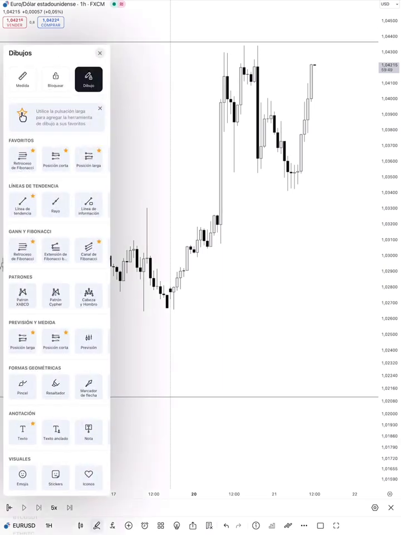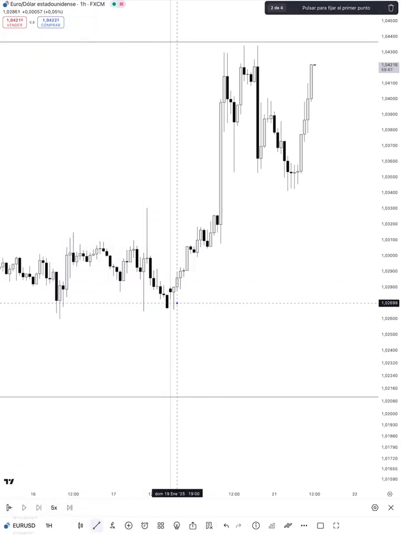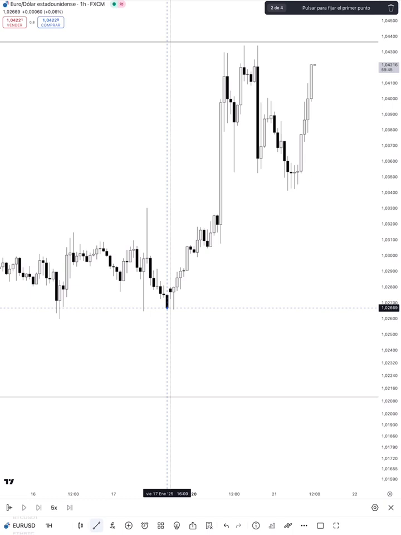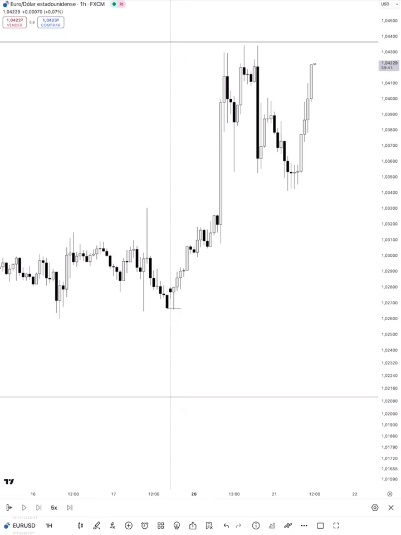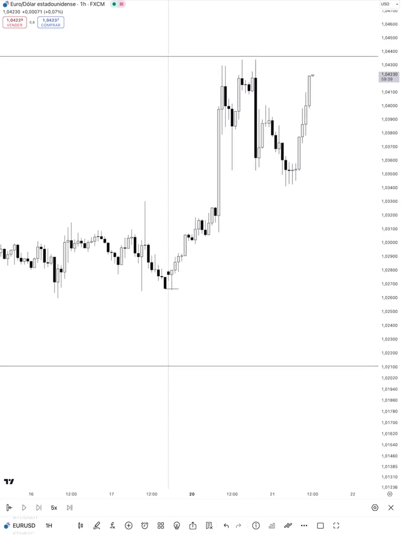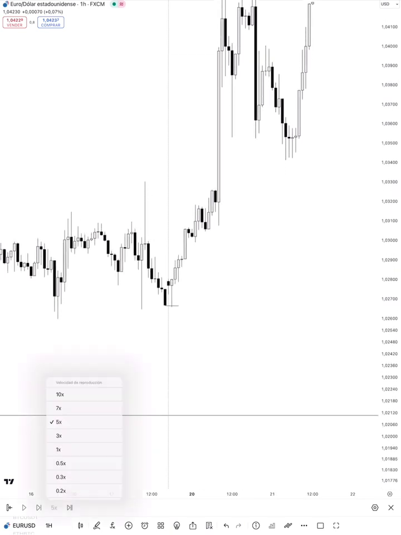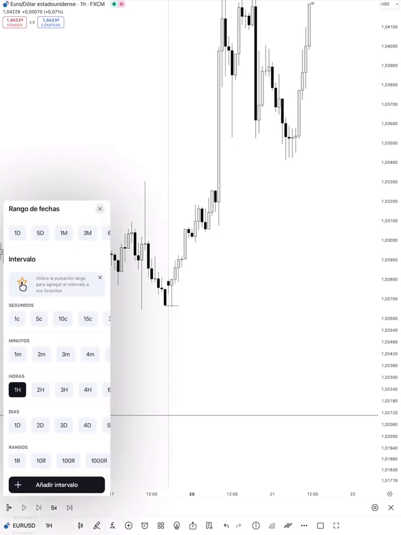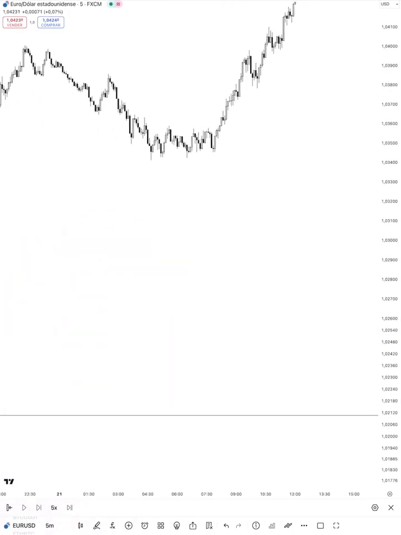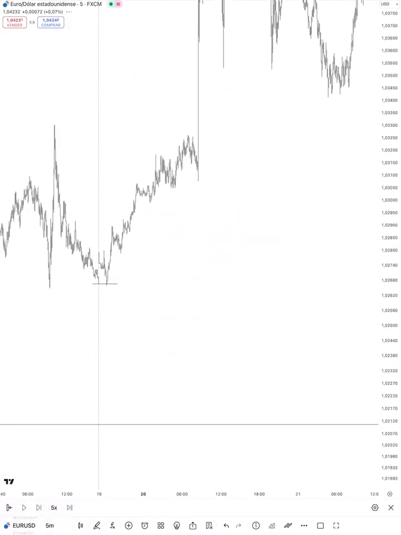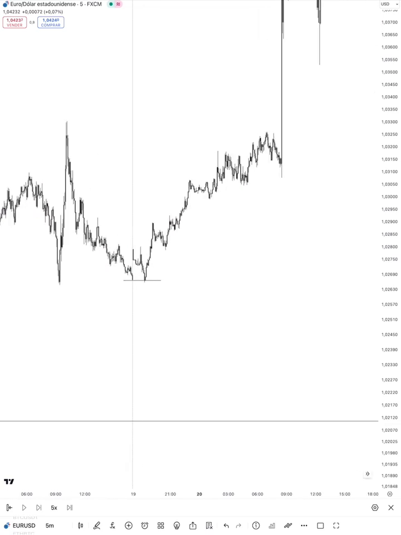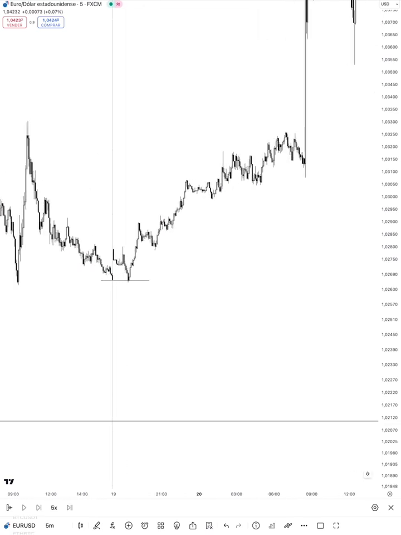I then mark a pre-open liquidity pool. All right, remember chapter 3? I'm going to mark a pre-open liquidity pool. And after the candle opens, I'm going to wait for them to stab into it because I'm bullish, right? I'm going to wait for them to stab into a pre-open liquidity pool and then produce a model number 1 and rally.